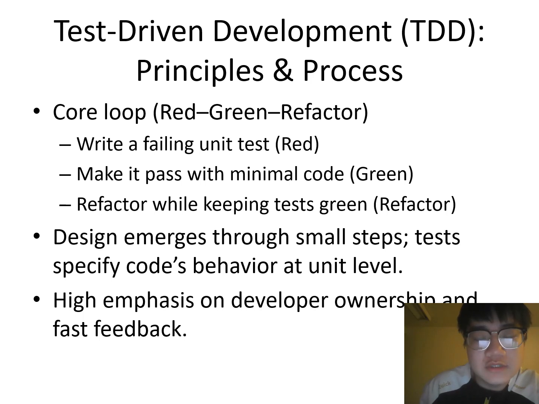We can use red, green, and refactor. Write a failing unit test, it is red, and make it pass with minimal code. Then we hit green. If your computer shows red, maybe your program is failing the unit test, and if it is green, it shows the pass with the minimal code.